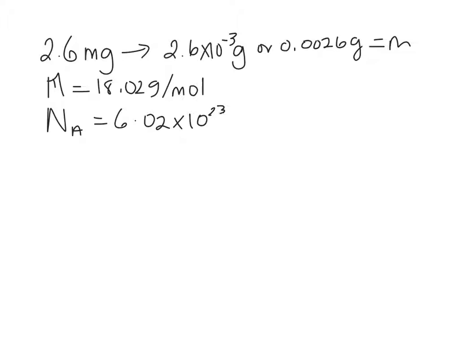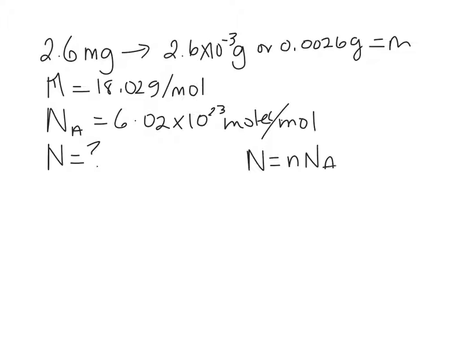See, it's the same information. And we want to find big N. So using formulas, you've got two formulas. You've got this one, and you have this one. You will be able to find the moles using one of those two, and then you're going to take that value and place it in the other equation to find the unknown that you're looking for.